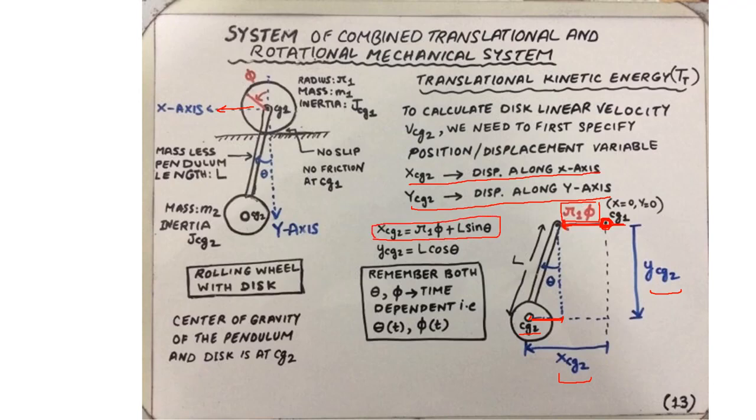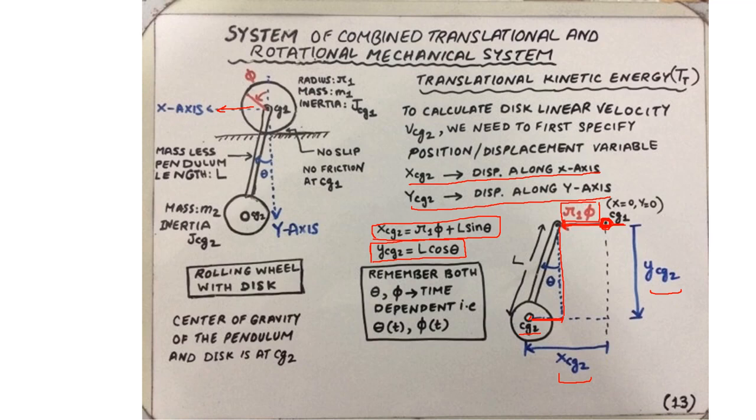What about the y component of the center of gravity of the bottom disk, yCG2? That is easier to compute. Essentially yCG2 is L times this distance, so L times cosine theta.